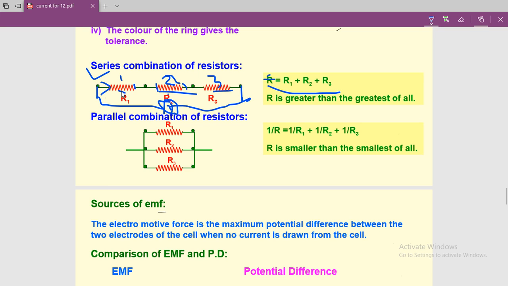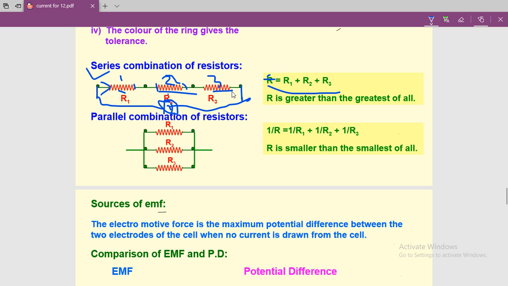If you place a 6 ohm resistor in this circuit, you will get the same amount of current as we get in this case when R1 is 1 ohm, R2 is 2 ohm and R3 is 3 ohm. Students, I hope you understand what I want to tell you.